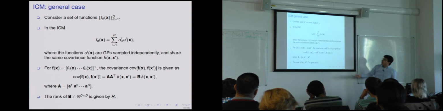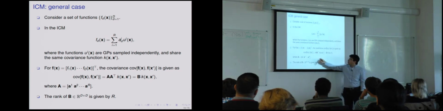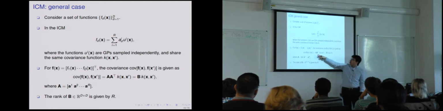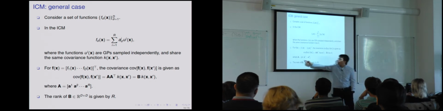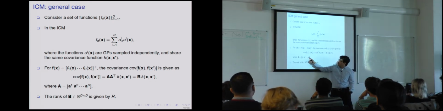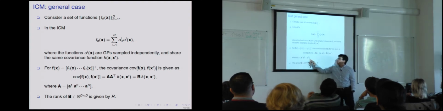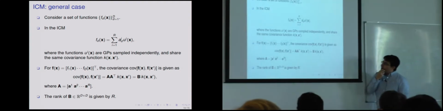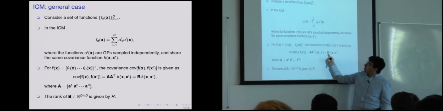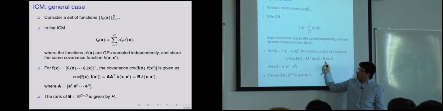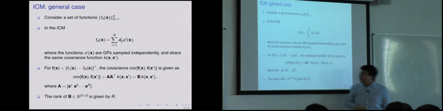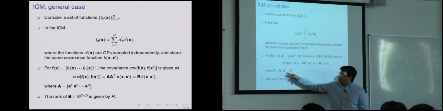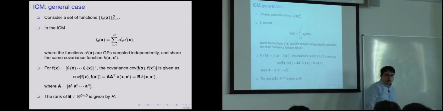And then again, I can compute the covariance function that now has this form, A transpose, where A has this amount of columns, where R is the number of columns in this A. Basically what we are saying is that B is constructed by adding R outer products of these vectors, so the rank of B is equal to R.